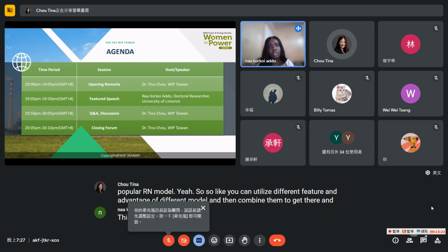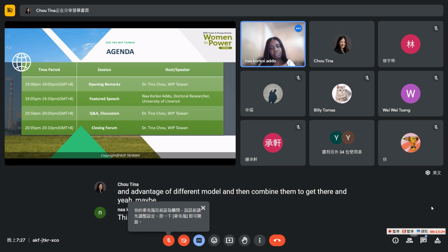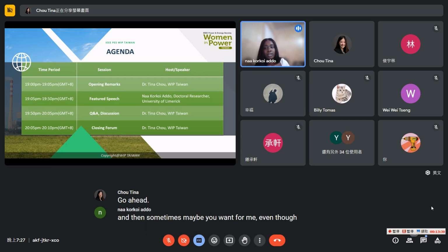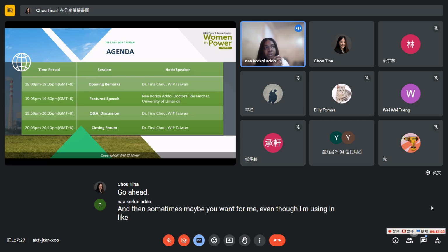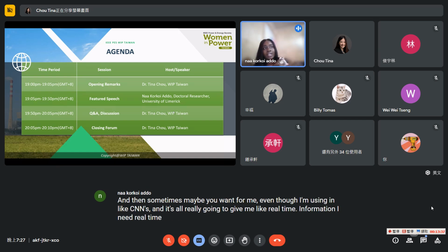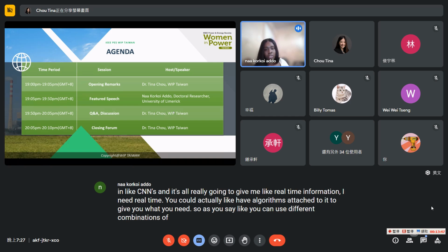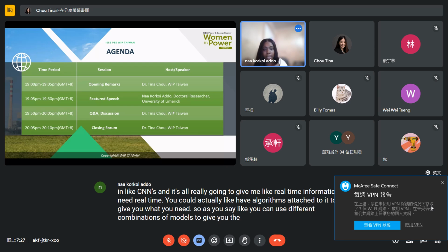And sometimes, even though I'm using CNNs and it's not really going to give me real time information, if you need real time, you could have other algorithms attached to it to give you what you need. So as he said, you can use different combinations of models to give you the desired outcome.